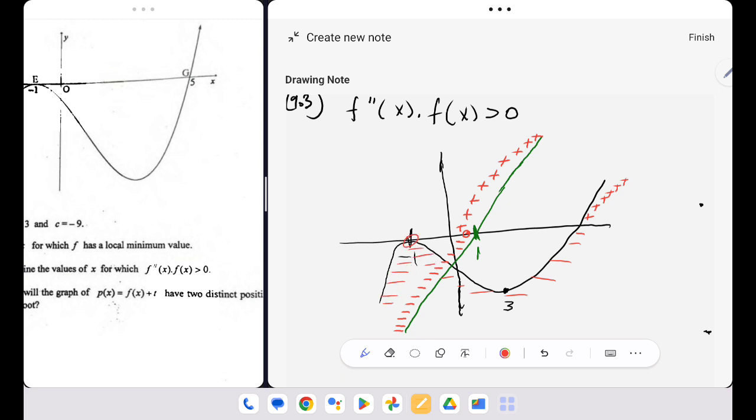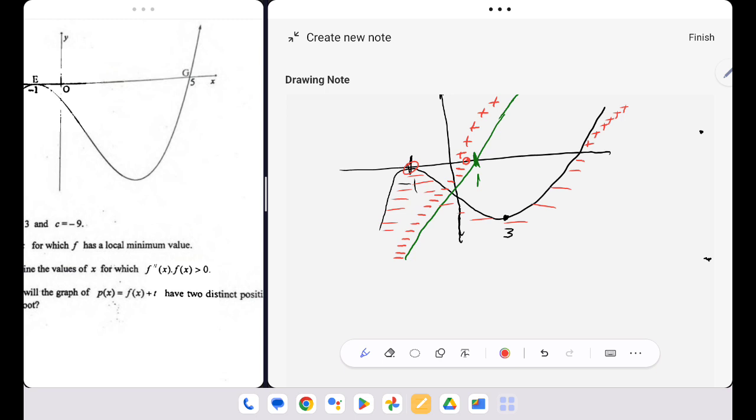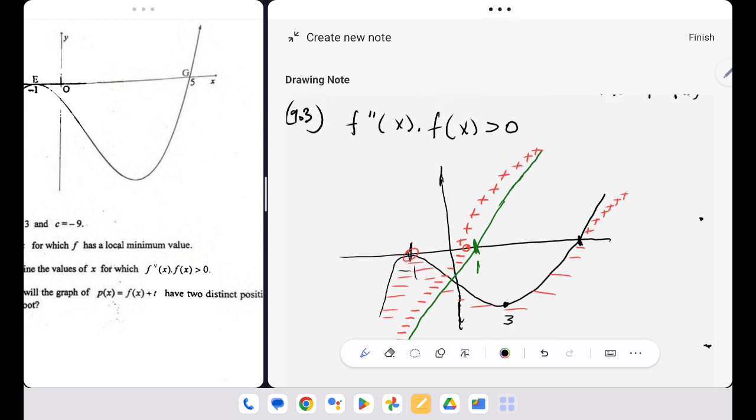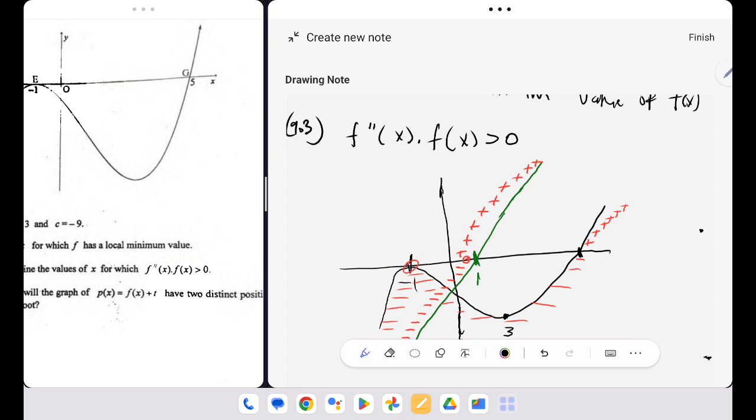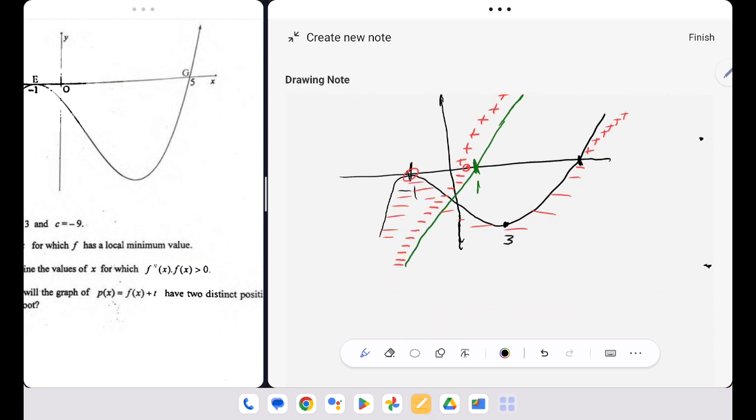And here it's equal to 0. Are you together? So in this case, I want to know where is my derivative function and my f of x positive at the same time, or where are they negative at the same time?